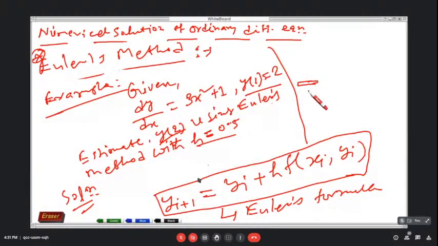So this is x is equal to 1, which is given. Then the step size is 0.5.